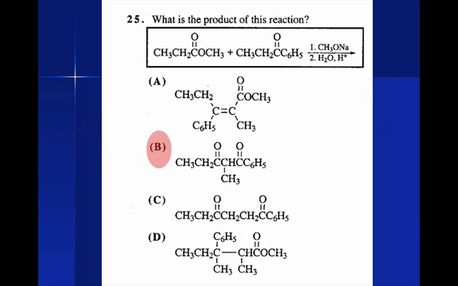So you lose an alpha hydrogen off of the compound on the left. On the left? On the right, I'm sorry. The one on the right, because the one on the left is an ester. So what do we know about the pKa difference between alpha hydrogens on a ketone and alpha hydrogens on an ester?